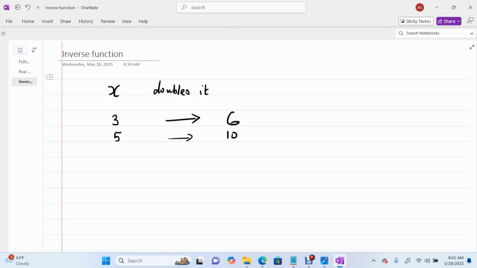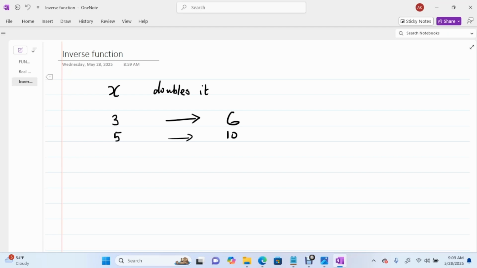Now, what if you wanted another machine that will undo what the first machine did? Let's have another function. What that function will do is take whatever our first machine gave out, which is the output, do something with that, and then give you your original number.